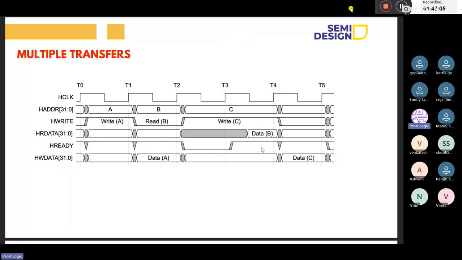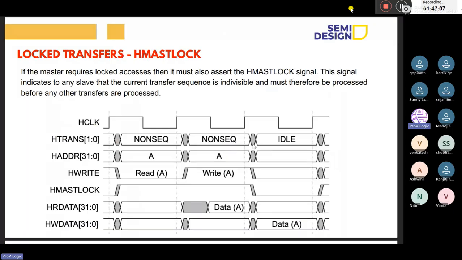Next, lock transfers. So what is meant by HMASTLOCK? How is the signal indicating? See here, whenever it is non-sequence, sequence, idle, that means still we are not getting the transfer here. If the master requires locked access, then it must also assert the HMASTLOCK signal.